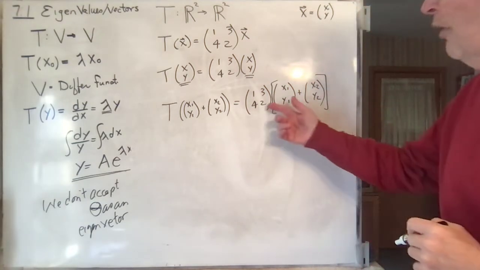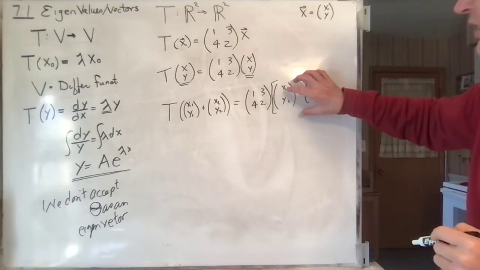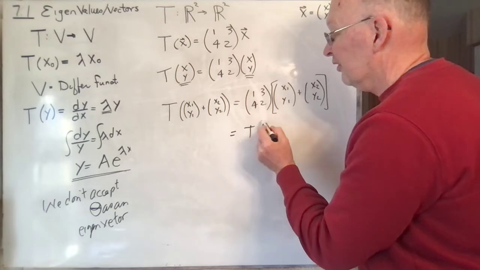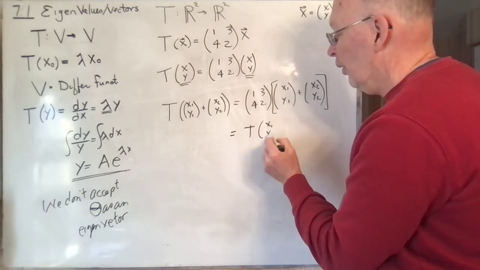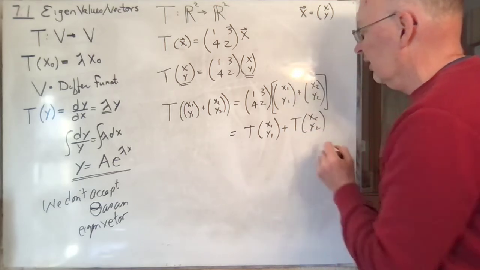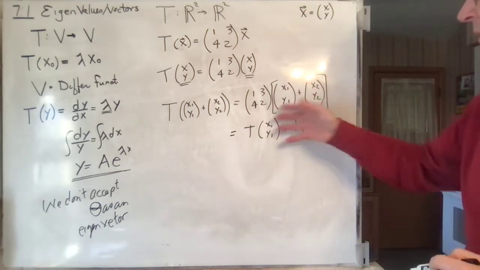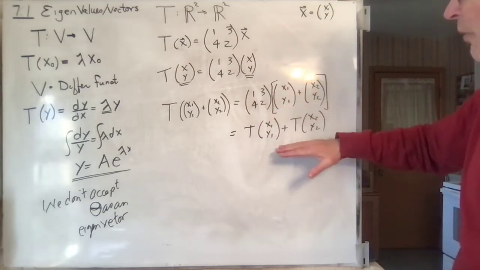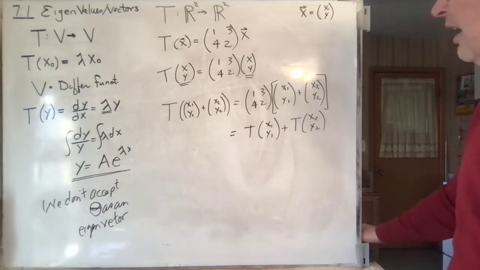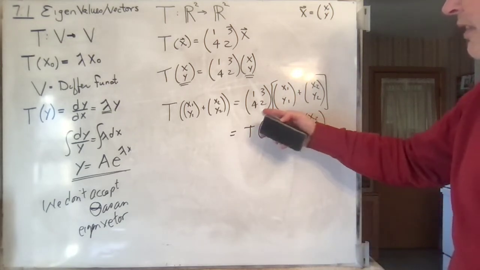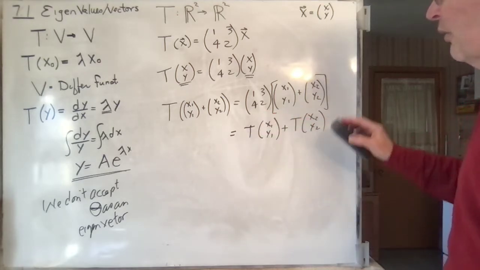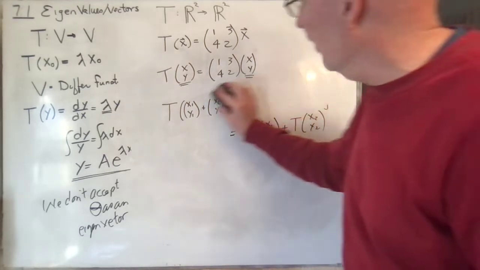And I'm not going to go through all the details, but basically you can add these together, and by the time you're done, you can show that that's going to be T of x1, y1 plus T of x2, y2. Okay, the distributive property works, and you can show that. Same thing with multiplying it by a constant. In fact, I think earlier in the book we actually showed that that was a linear transformation. So that is a linear transformation.